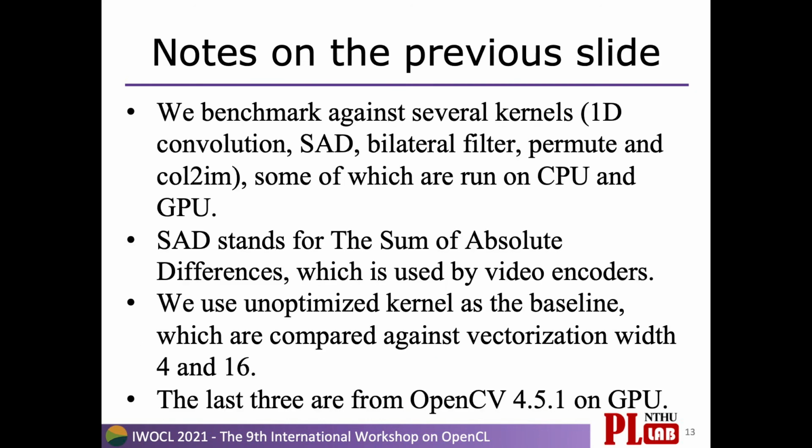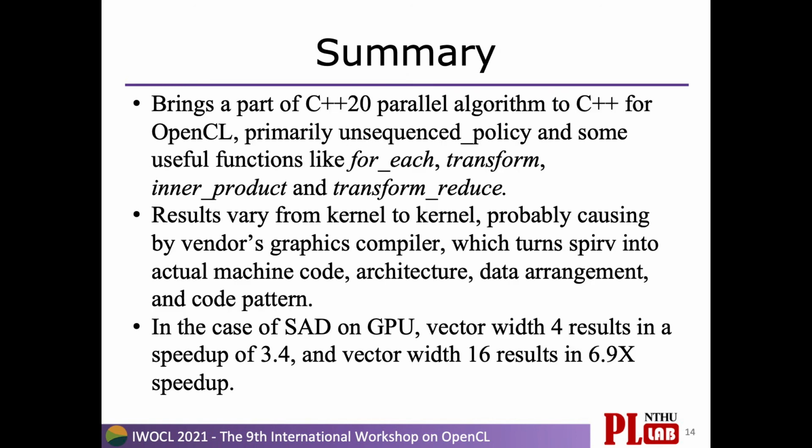So this work brings part of the C++20 parallel algorithm to C++ for OpenCL, primarily the unsequenced policy, and some useful functions like for_each, transform, inner_product, and transform_reduce.